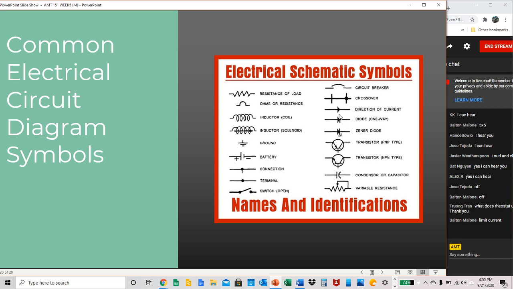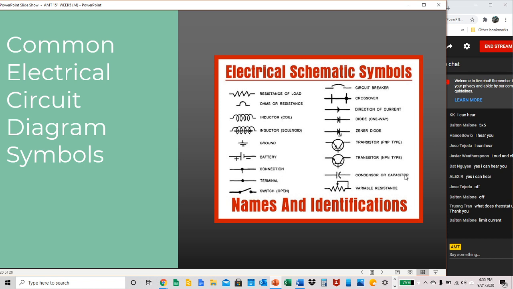The diode has this line in front of it, and the Zener diode has this line and this 90-degree angle as well. A lot of schematics do show the direction of current so that you can use that in your calculations or just know which way the schematic is operating.